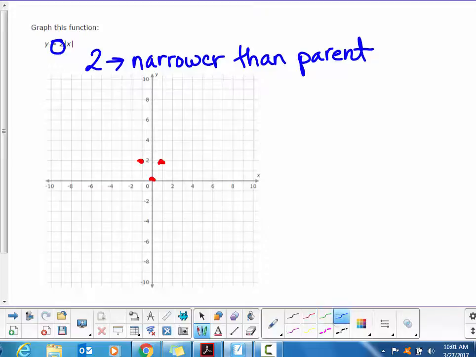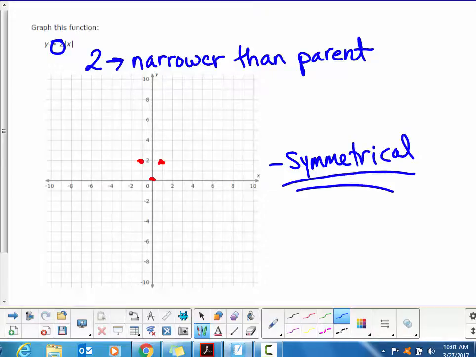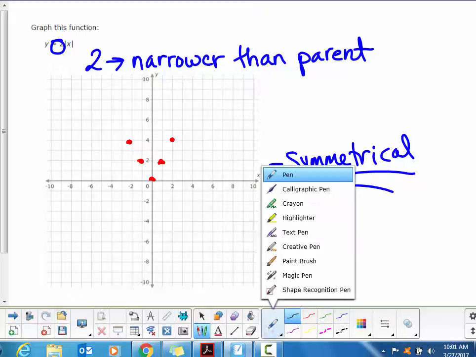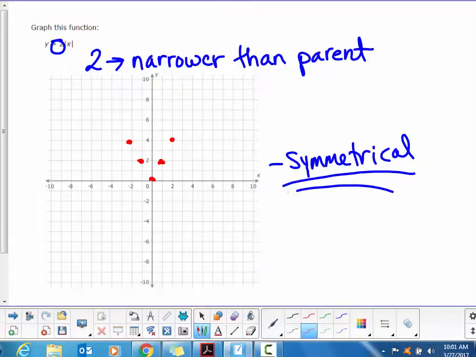Again, remember that absolute value functions are symmetrical, just like quadratic functions. Connect my points with a straight line, putting arrows on the end of it. There you go.